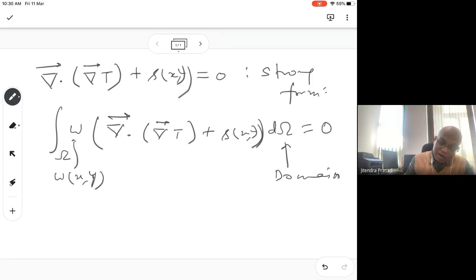Now, how to do this further? You can now expand it.